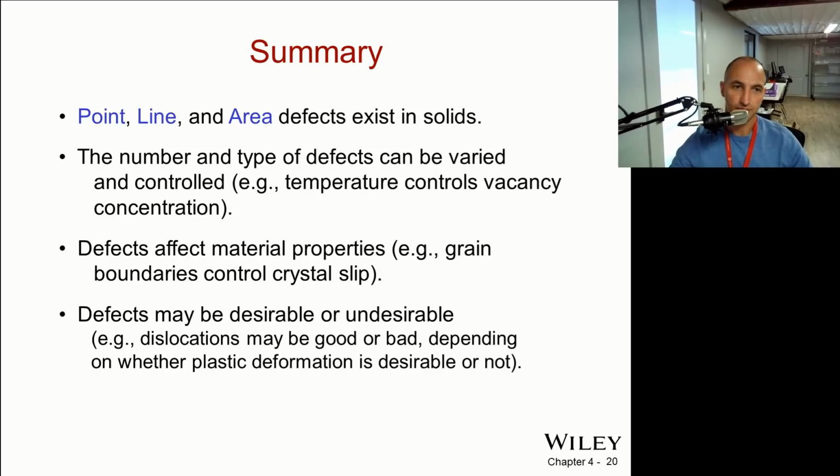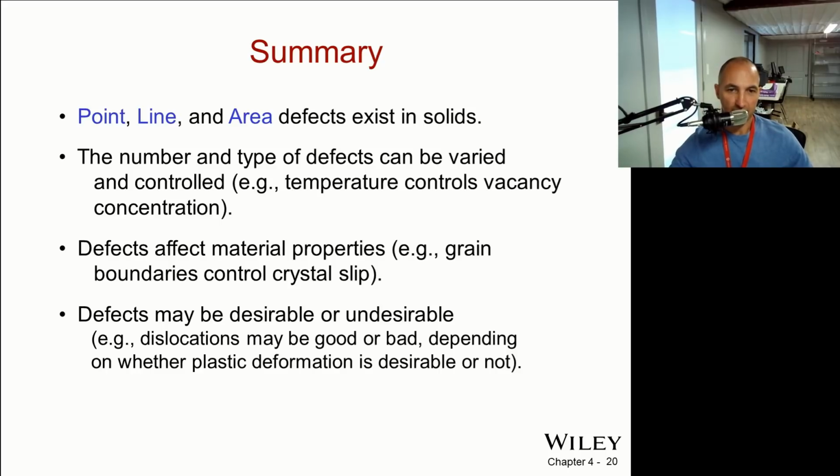In summary, we talked about point defects, line defects, and area defects, and how they exist in solids. The number and type of defects can be varied and controlled, e.g. temperature controls the vacancy concentration.